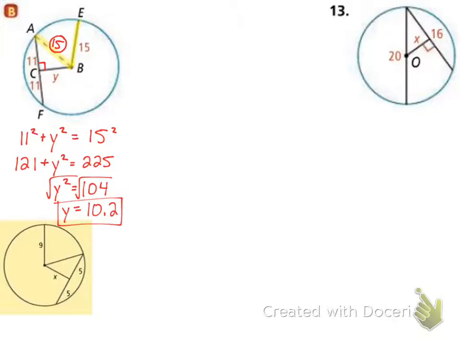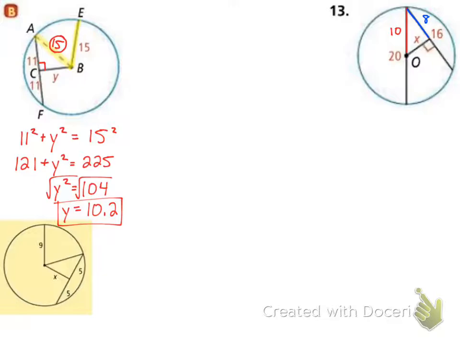And so on the homework as well, since they put the 20 and the 16 right where the line is, that means this entire length right here is 16, and this entire length here is 20. So I know that this piece is 10, and I know that just this piece right here is going to end up being 8.